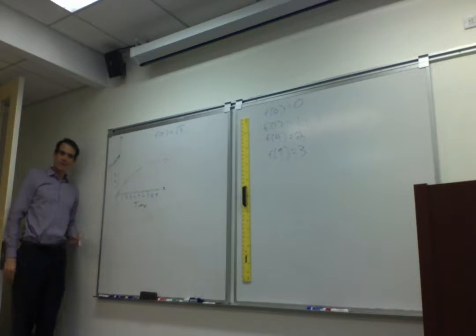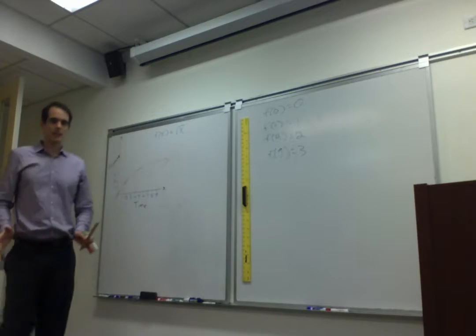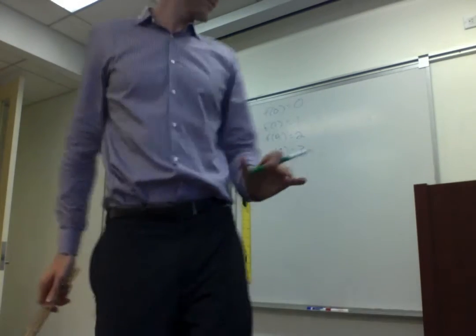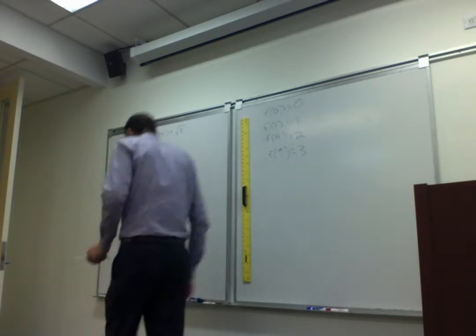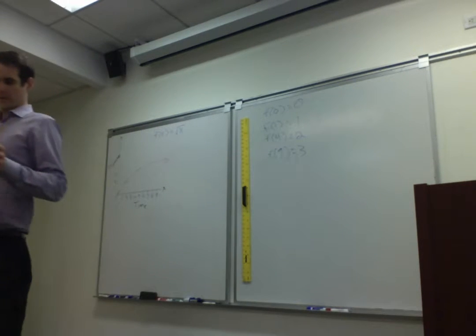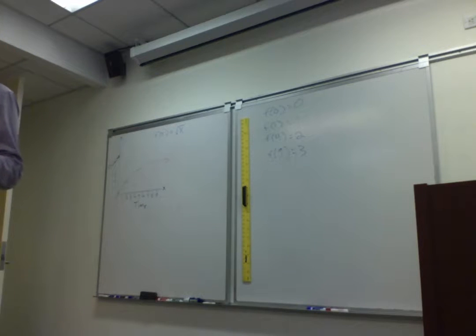Okay, so let's think about how we would find the derivative of this function. We might do this. Alright. If we want to look at the rate of change at 1, let's do the rate of change from 1 to 4.